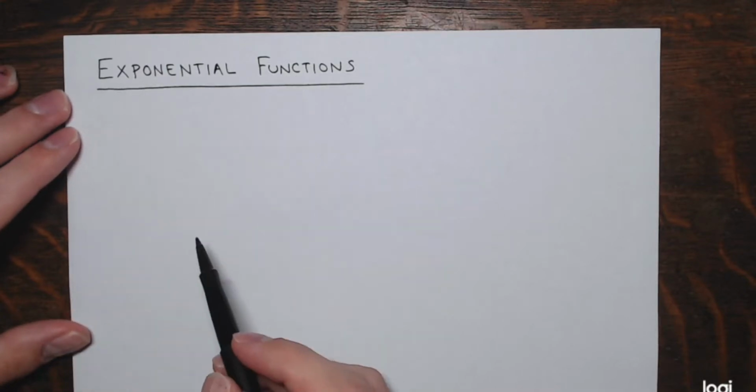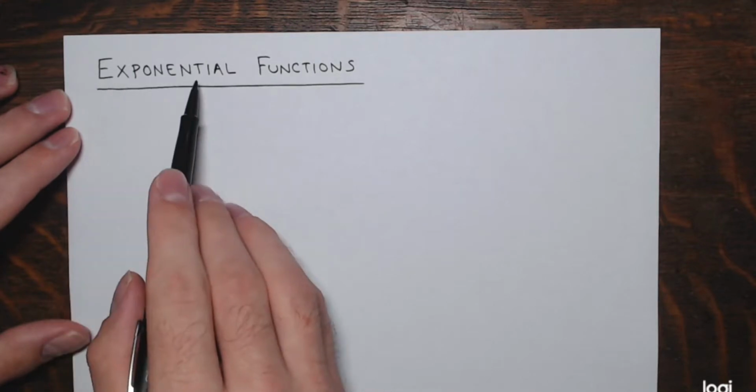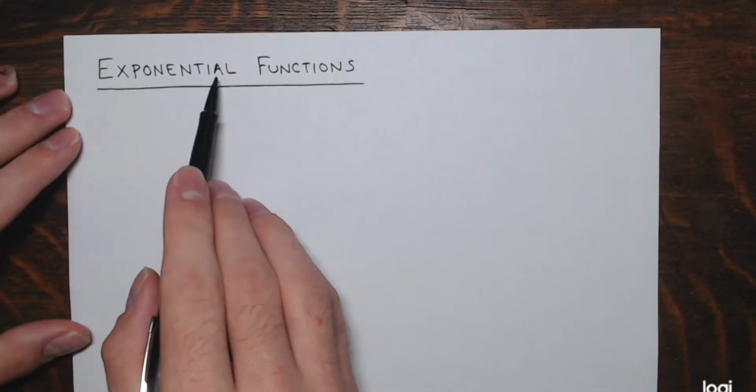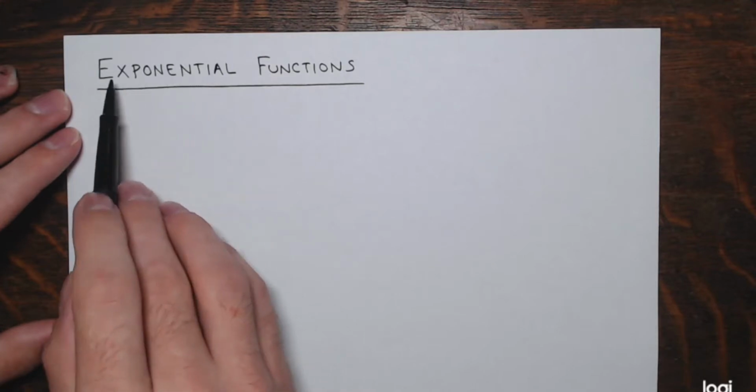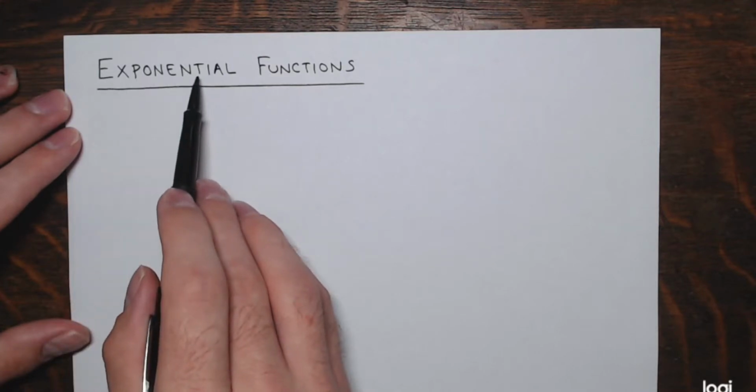Now it's in the name, exponential. The word exponent is the root word there. So the inputs, the values you plug in, are going to go into some expression in an exponent, into a power.